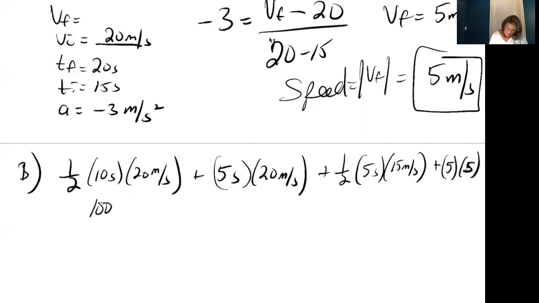Okay, so I have 100 meters plus 100 meters plus 37.5 meters plus 25 meters.